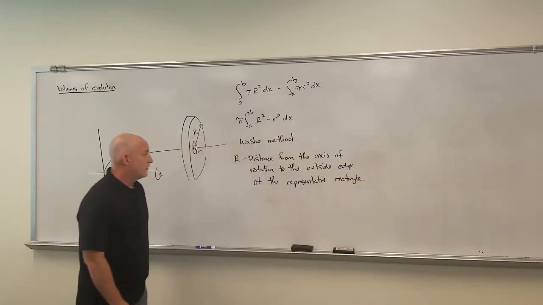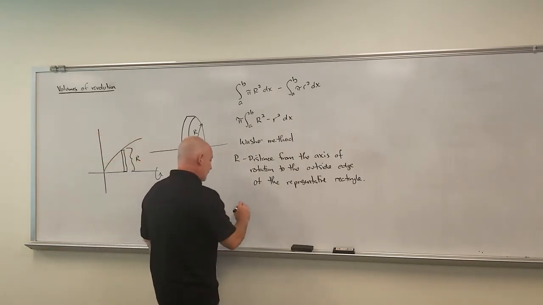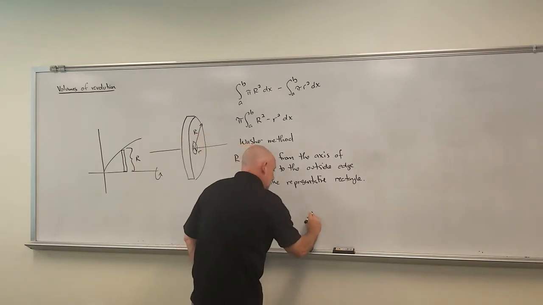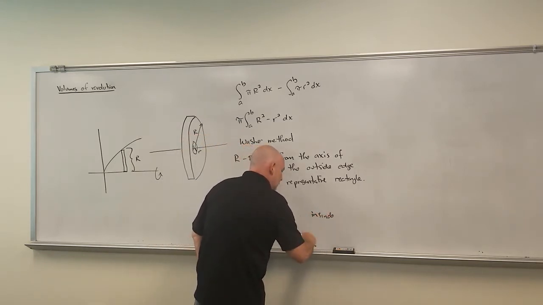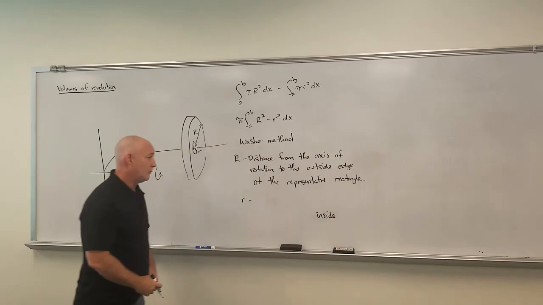Little r is the distance from the axis of rotation to the inside edge of the representative rectangle.